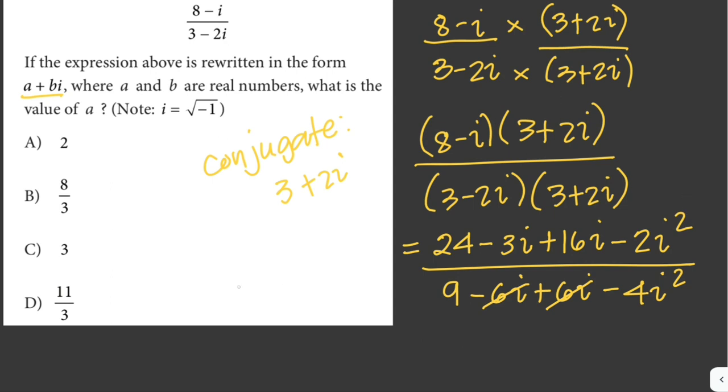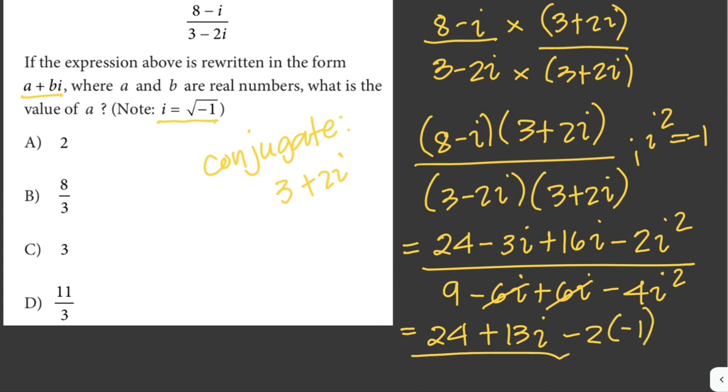Since the value of i squared, because it says here i is equal to square root of -1, therefore i squared is just equal to -1. So simplifying this, we have 24, negative 3i plus 16i, so this is just plus 13i, minus 2 times -1, over 9 minus 4 times -1.